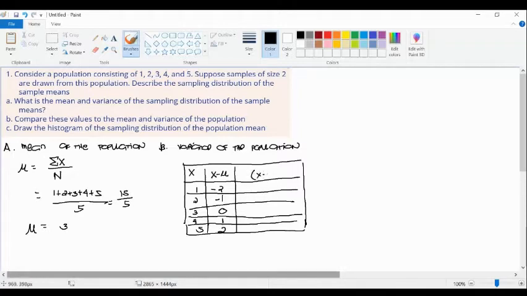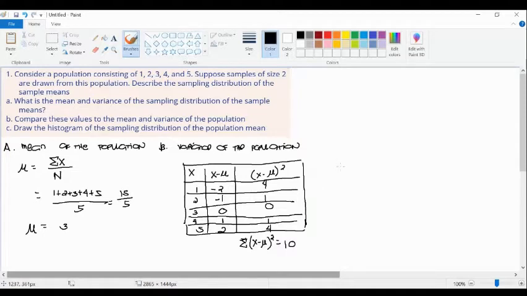And then we're going to square the answers. So negative 2 squared is 4. Negative 1 squared is 1. 0 squared is 0. 1 squared is 1. 2 squared is 4. And then we're going to find the summation of this, the summation of x minus mu, your random variable minus the mean, squared. So 4 plus 1 is 5, and then 5 plus 0 plus 1 is 6, plus 4 is 10. So your answer will be 10.